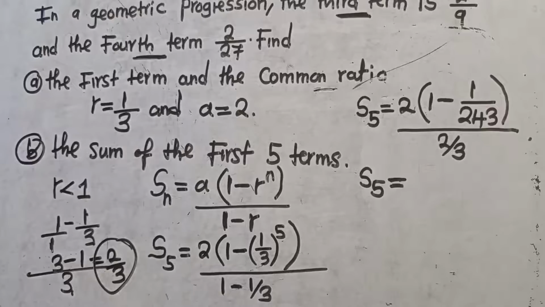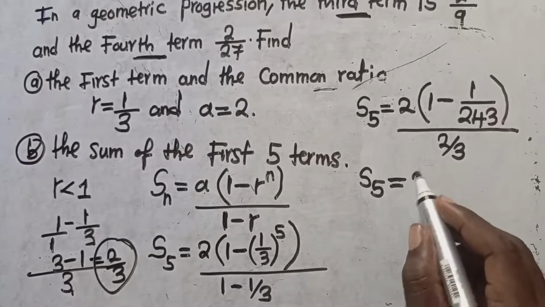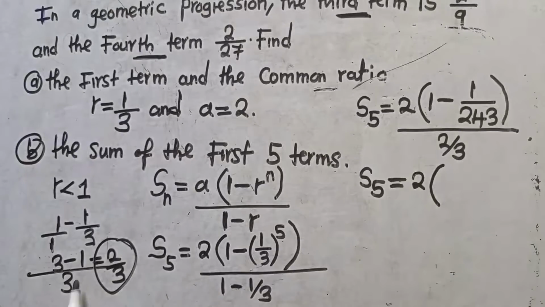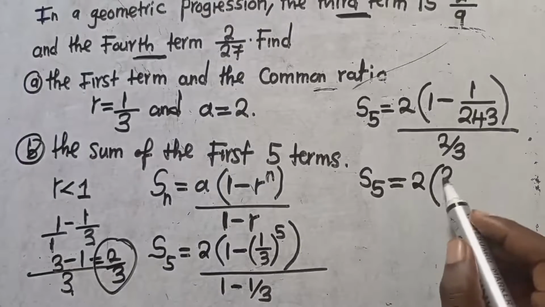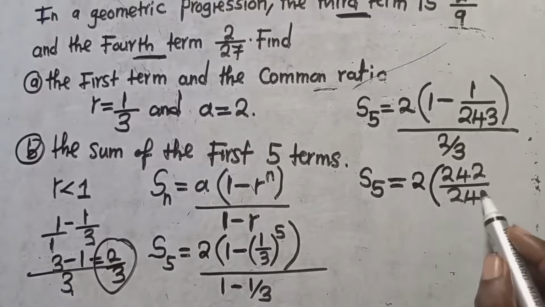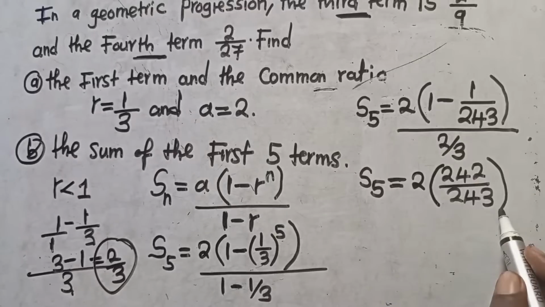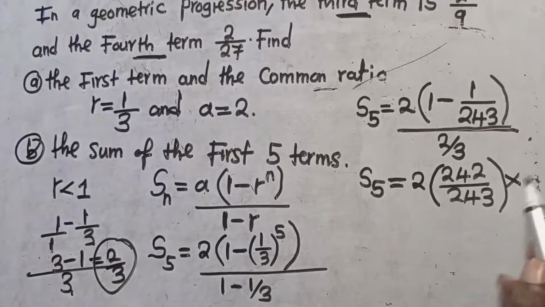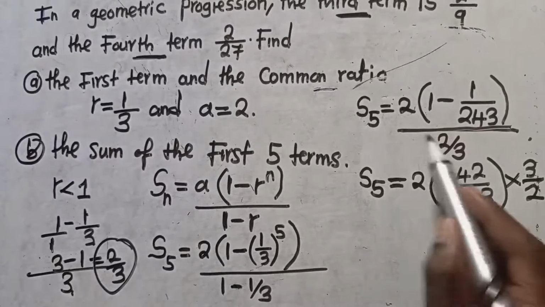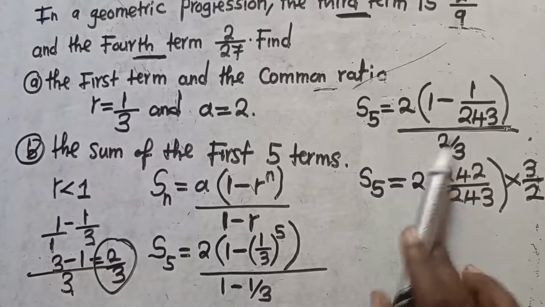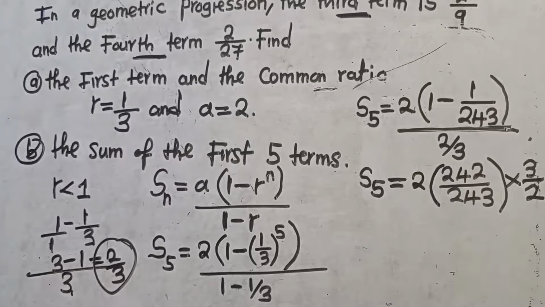The sum of the first 5 terms is equal to 2 times, if I evaluate what is there like the way I did here, 242 over 243. This is division. Division changes to multiplication, where the 3 goes on top and the 2 goes down; the numbers are going to reciprocate.